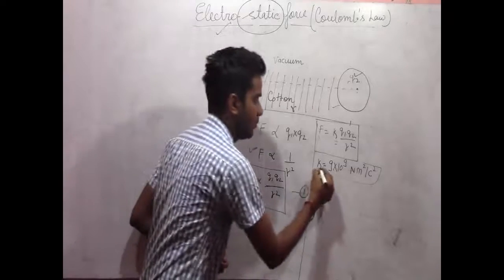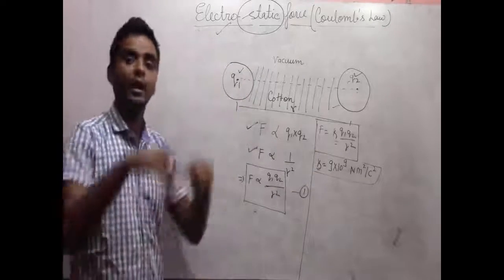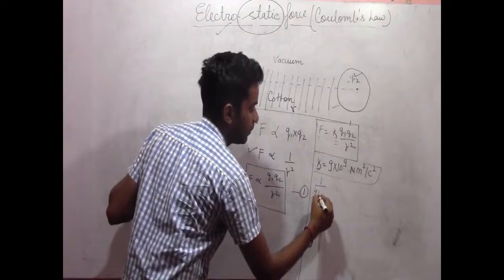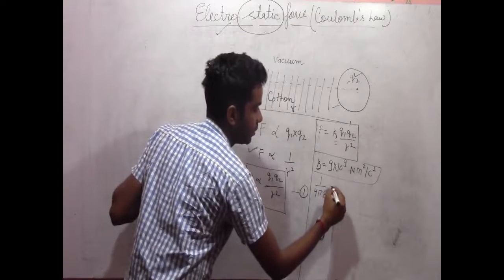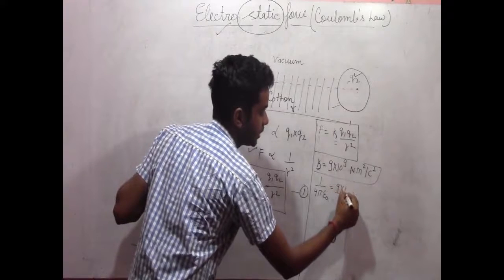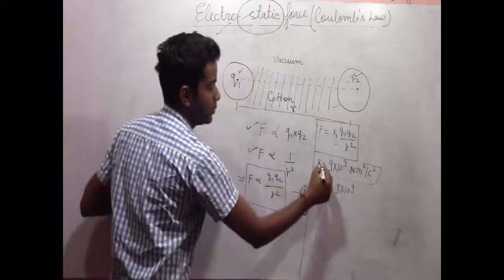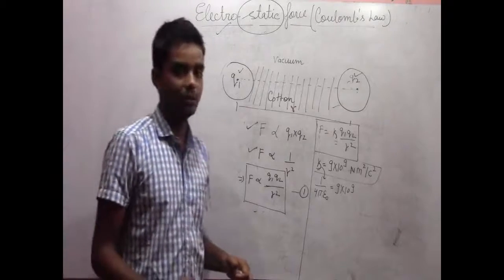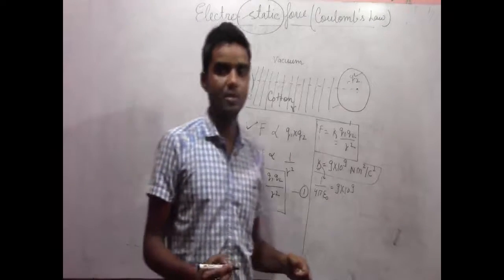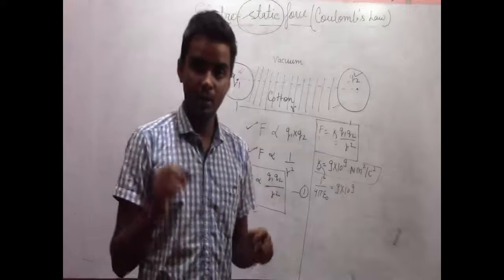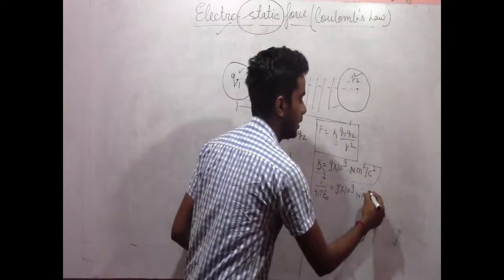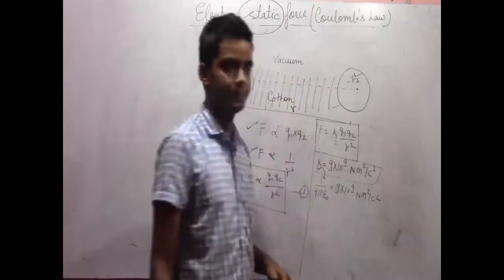This value of K may be calculated by another expression, which is 1 upon 4 pi epsilon naught. This is 9 into 10 raised to the power 9. You may replace K by 1 upon 4 pi epsilon naught. The unit will be the same: Newton meter square per coulomb square.